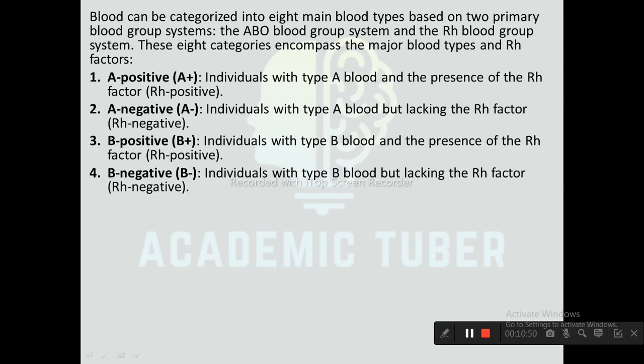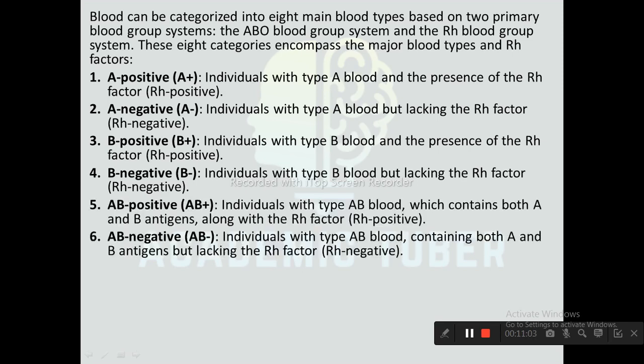Third one is B positive, an individual with type B blood and the presence of the Rh factor. And fourth one is B negative, an individual with type B blood but lacking the Rh factor. Fifth one is AB positive, an individual with type AB blood which contains both A and B antigens along with the Rh factor.